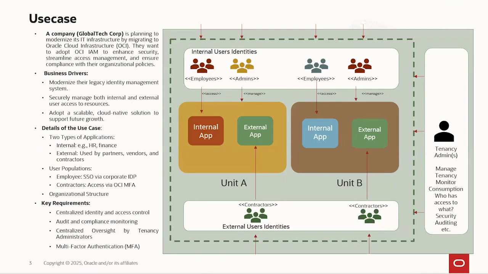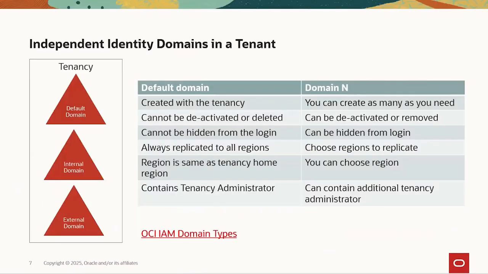Now, we would like to discuss the key capabilities of OCI IAM, and we'll start off by discussing OCI identity domains. OCI identity domains is a self-contained identity and access management service that is used to address a variety of IAM use cases. When you procure a tenancy, you would be given a default domain, which would reside in the home region of your tenancy.